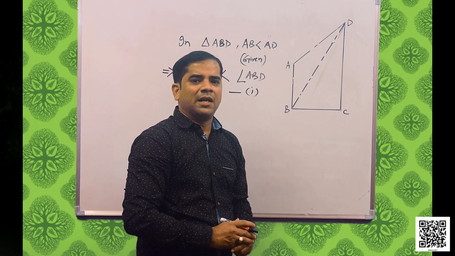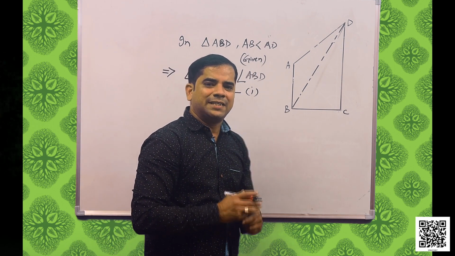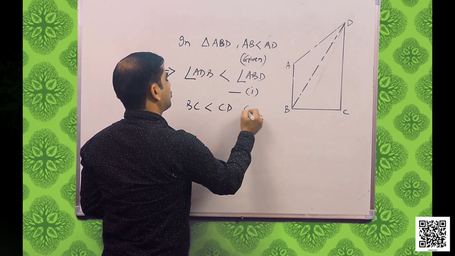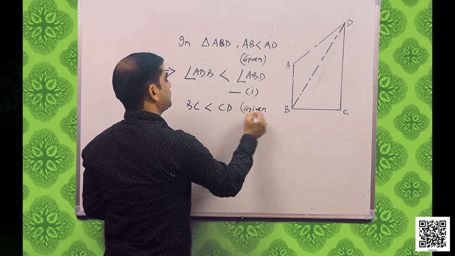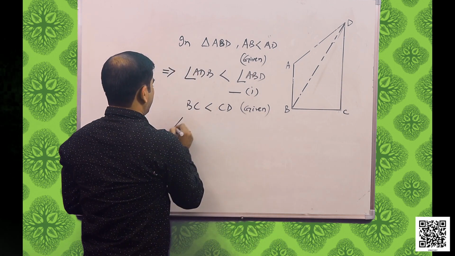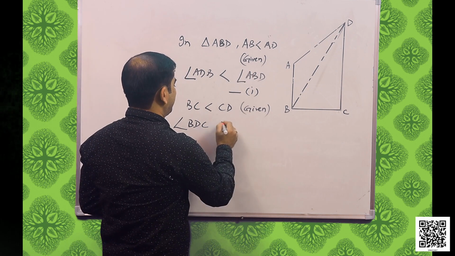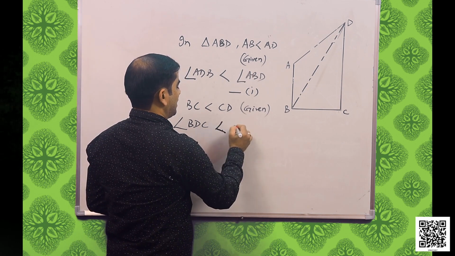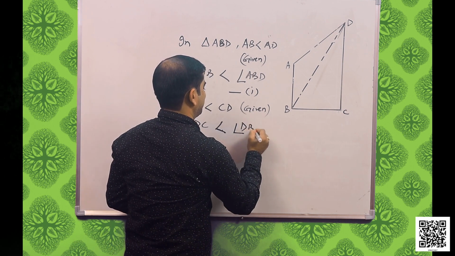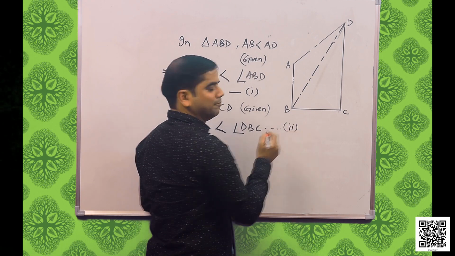Next, BC is smaller than CD. It is also given. So, angle BDC is smaller than angle DBC. Let me mark it as equation 2.